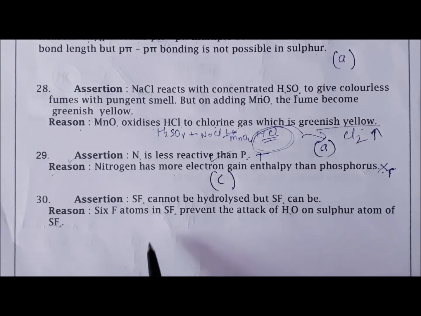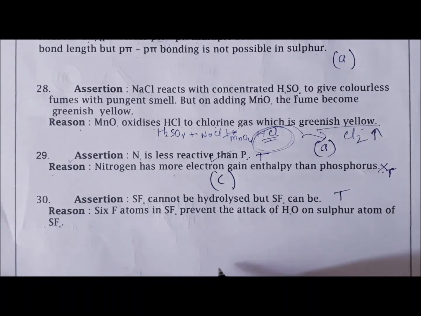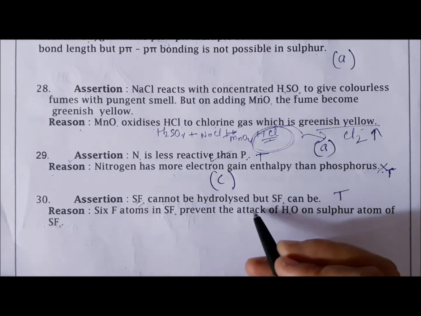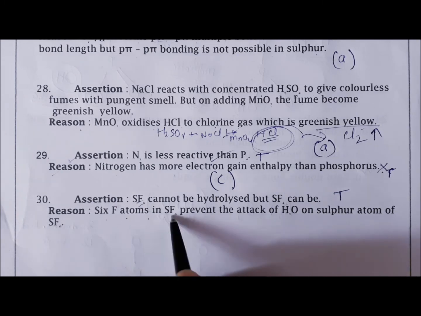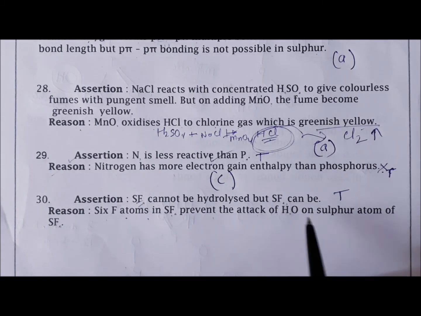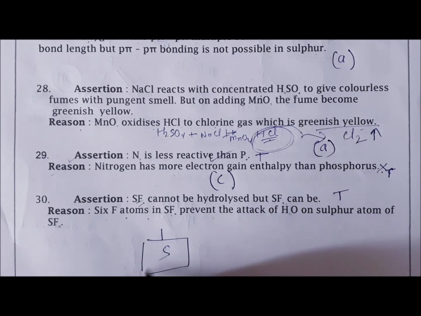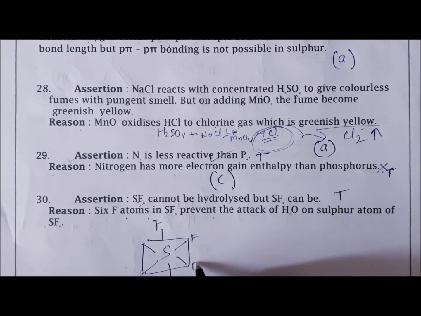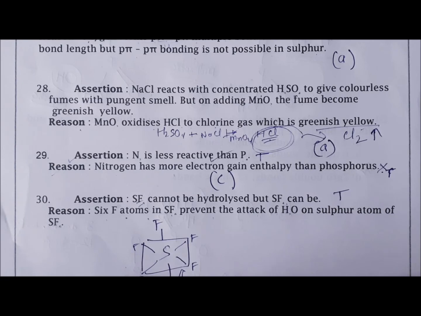Now 30: assertion, SF6 cannot be hydrolyzed but SF4 can. This is true. SF6 is kinetically inert, so it cannot be hydrolyzed, whereas SF4 can. The reason given is that the 6 F atoms in SF6 prevent the attack of water. Very true. If you draw the structure, it is octahedral, and the 6 fluorine atoms sterically protect it from the attack of water molecules.